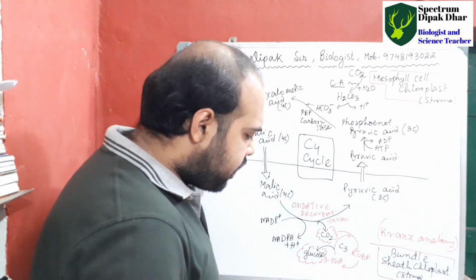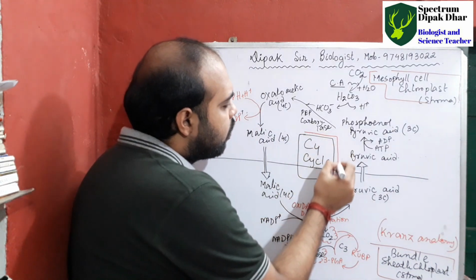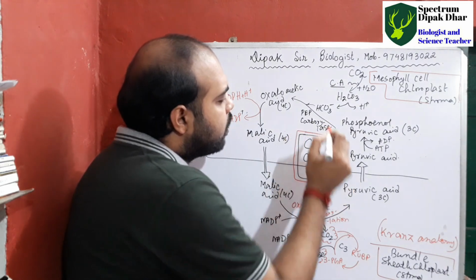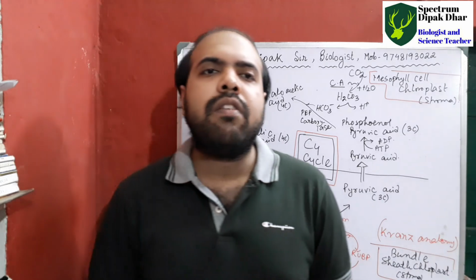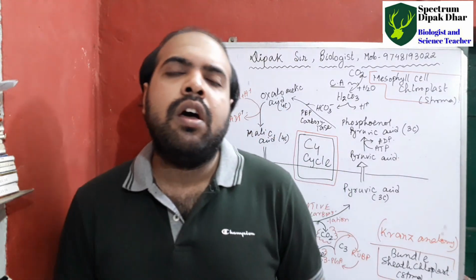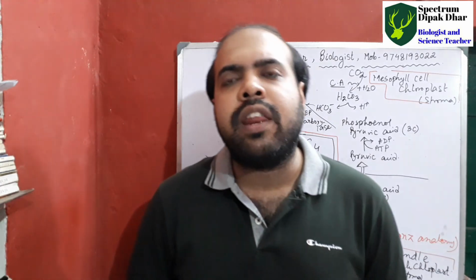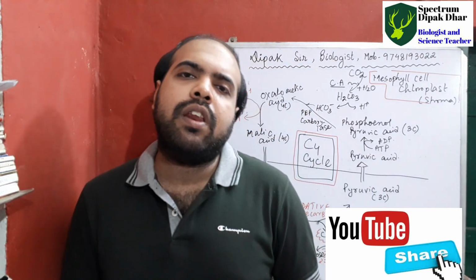Now, what are the basic characteristics that we can see in C4 plants? First of all, C4 plants are very resistant to hot climate or aridity. They can sustain their life in very hot climate.